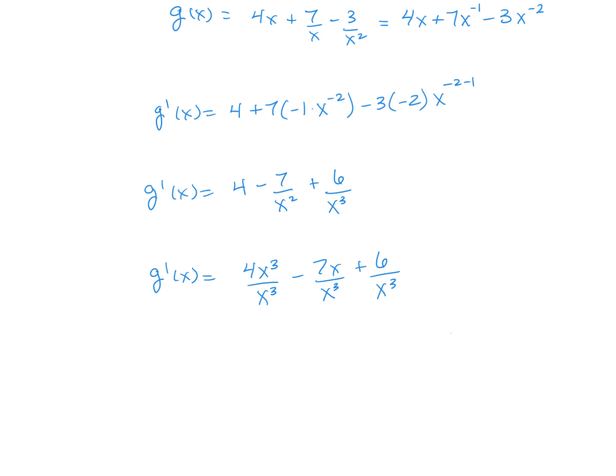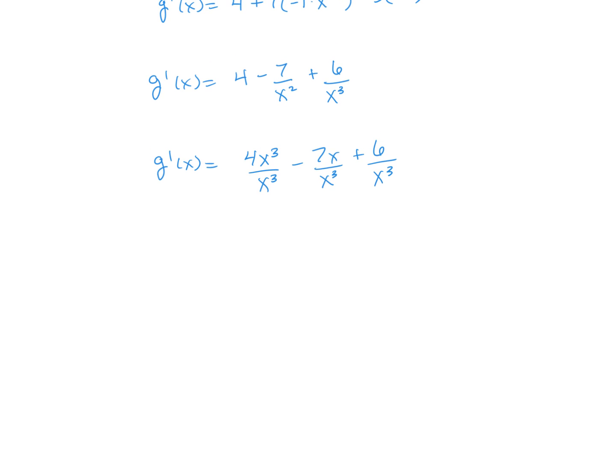The last step would be to write this having one single common denominator, and that would be g prime of x is equal to 4x cubed minus 7x plus 6 divided by x cubed as our derivative of g.